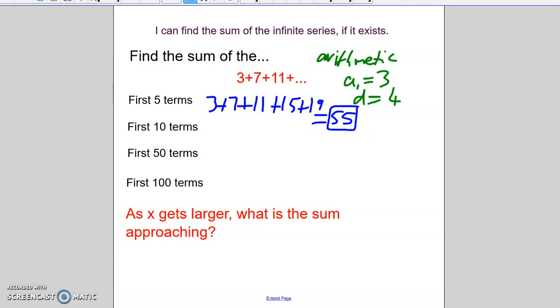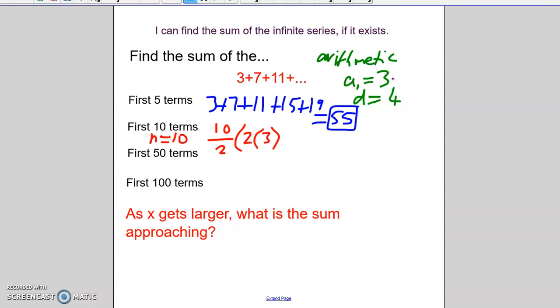Then for the first 10 terms, now we have to use our formula. So we don't have our ending term, so n is equal to 10, divided by 2. Then I've got 2 times a sub 1. A sub 1 is 3, as I've written up here.